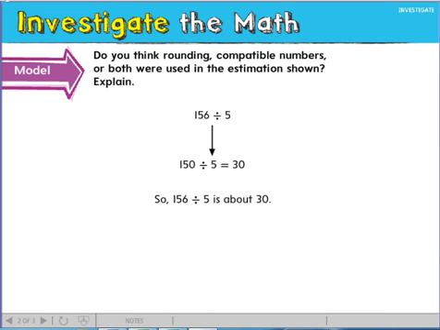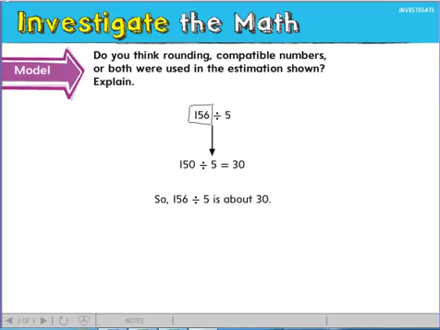So in this case, we're rounding with a compatible number. So look, this is the perfect example. If we were to round this to the nearest 10, it would round to what? 160. But now we're dividing it by 5. So is 160 easier to divide, or is 150? 150.